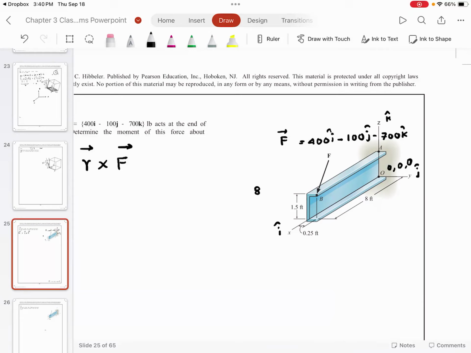Its y coordinate is 2.25, but is it positive or negative? Positive. And what is the z coordinate? 1.5. You agree with me? So this is the location of point B.